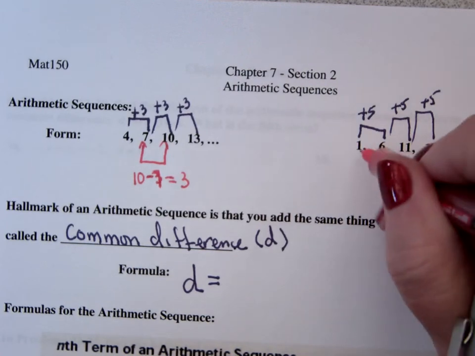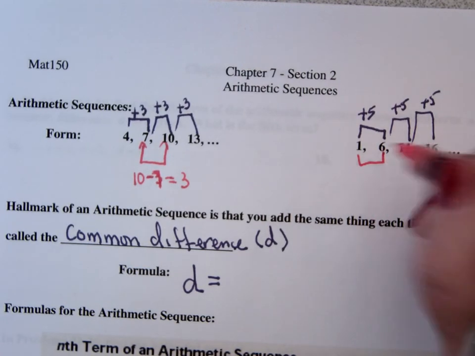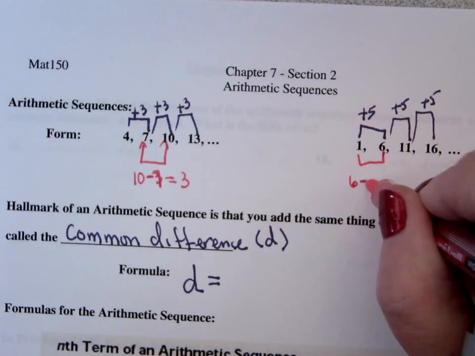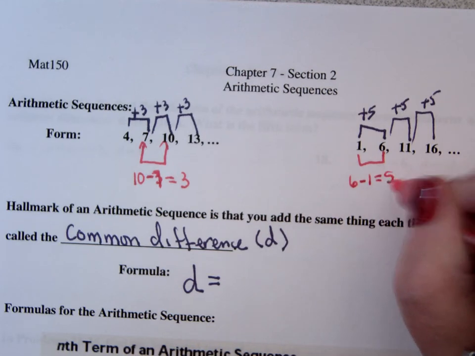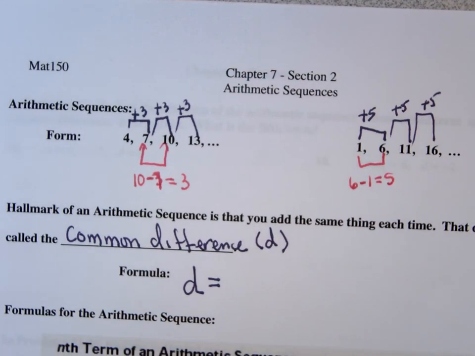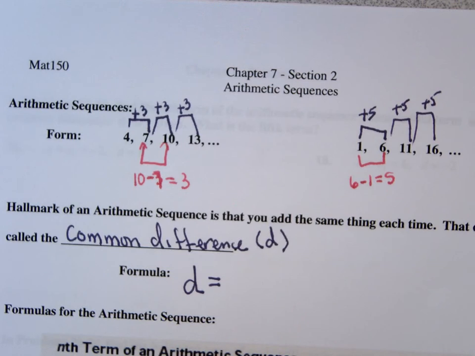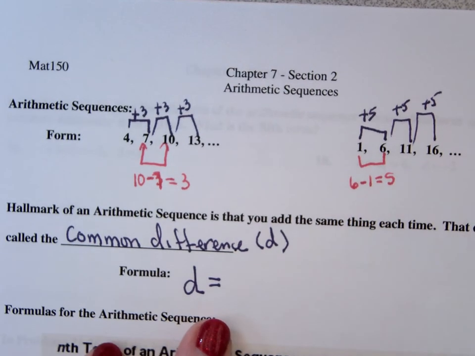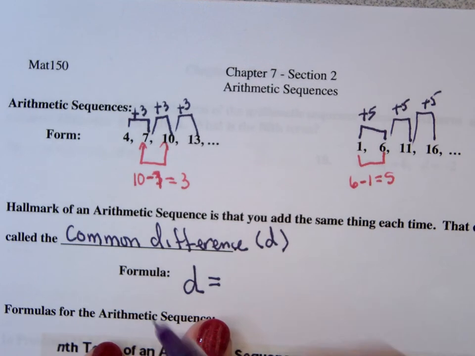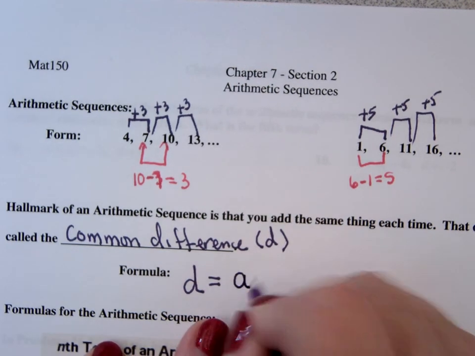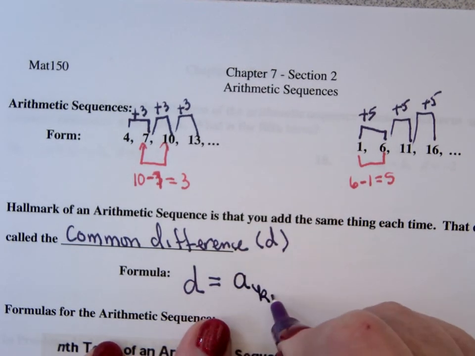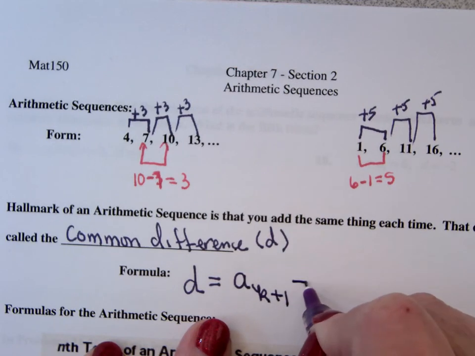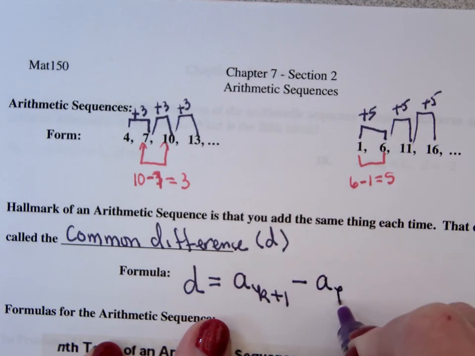I could pick the first two. If I take 6, subtract 1, I get 5. They have to be side by side. That says I got to 6 by adding 5. So that says I pick any two that are side by side and I subtract them. It's A sub k plus 1 subtract A sub k.